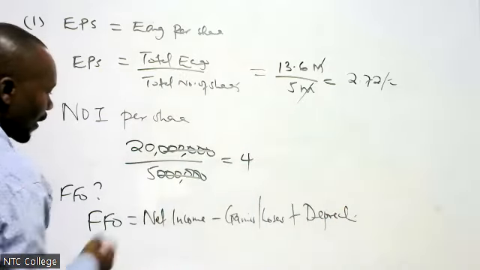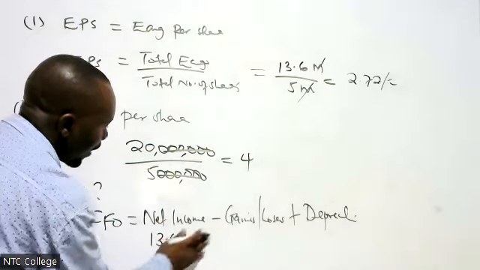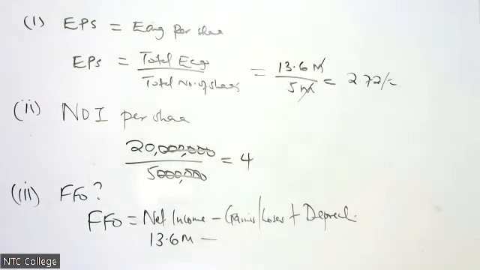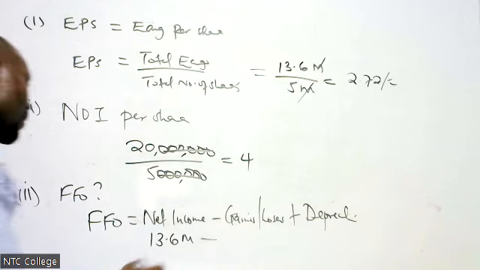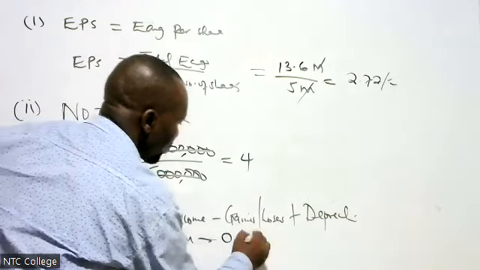So our net income we got as 13.6 million. Do we have gains or losses in our statement there? There are no gains and losses. They are normally found on the income statement. So minus 0 plus depreciation, which is 15 million.